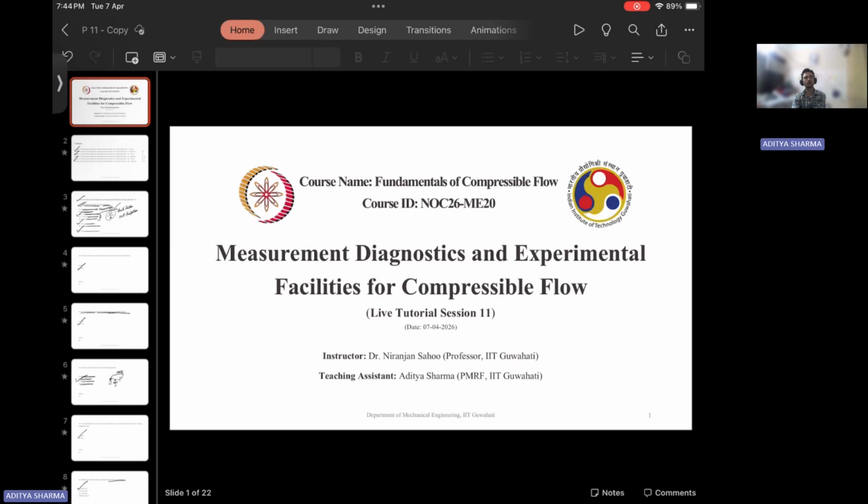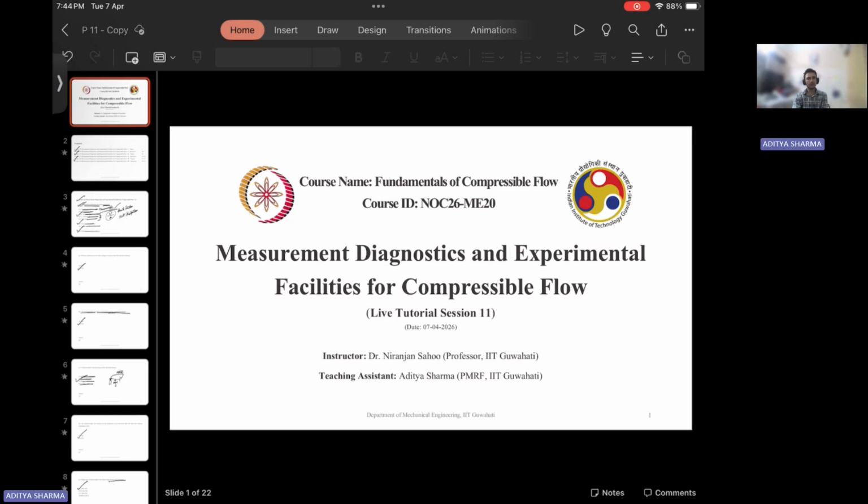In pressure we see static and stagnation pressure, and how these are measured in subsonic flows, and then in supersonic flow how these two are measured separately. In subsonic you can do it with a pitot static tube, but in supersonic flow you have to get the stagnation and static pressure separately because of shock.